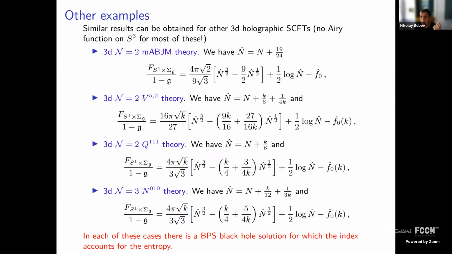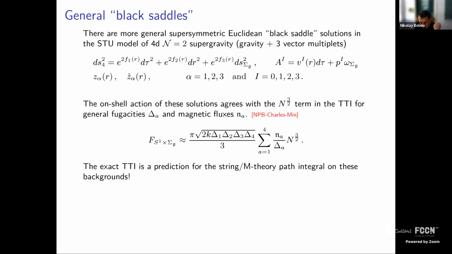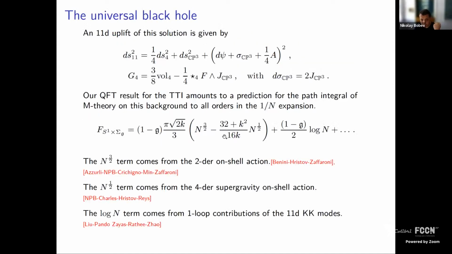Now, for ABJM, this N to the 1/2 term, we are able to compute it in this paper by doing 4-derivative supergravity in 4 dimensions. In general, this type of terms should come from M theory higher derivative terms, which come at order 8 derivatives.